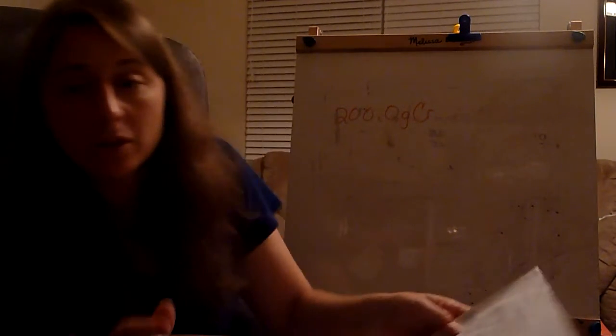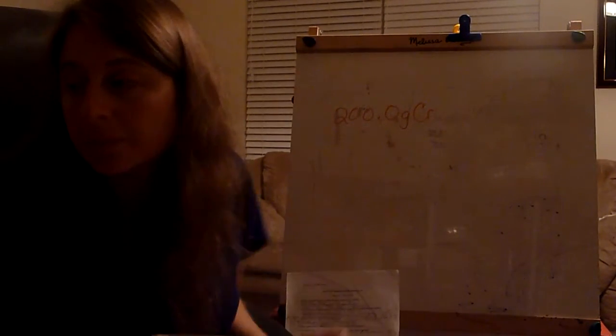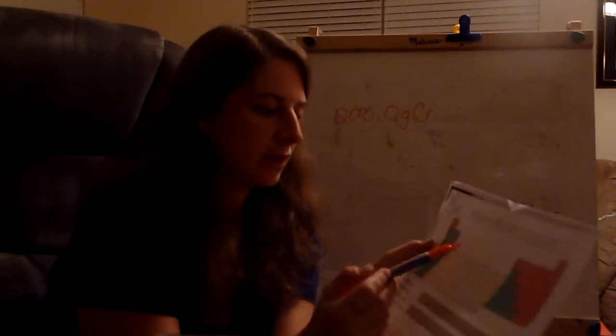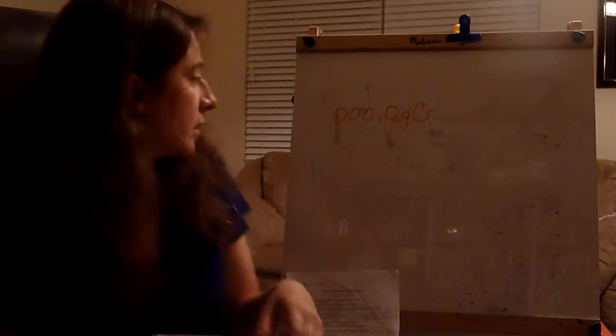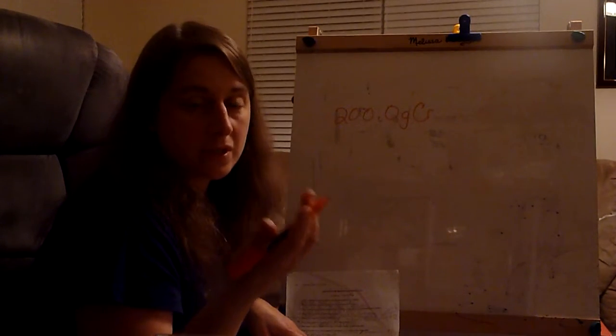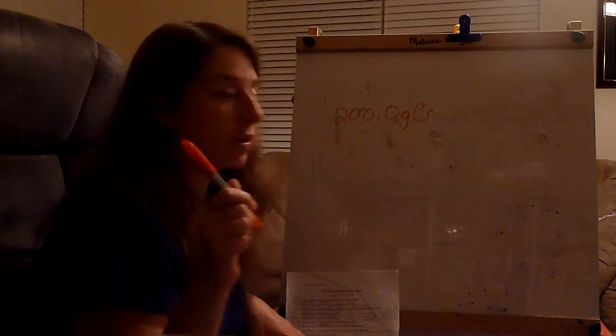Then I'm going to look at my periodic table. I'll find chromium, Cr, right here, the first row of the transition metals, and I find that it has 52.0 as its atomic mass.